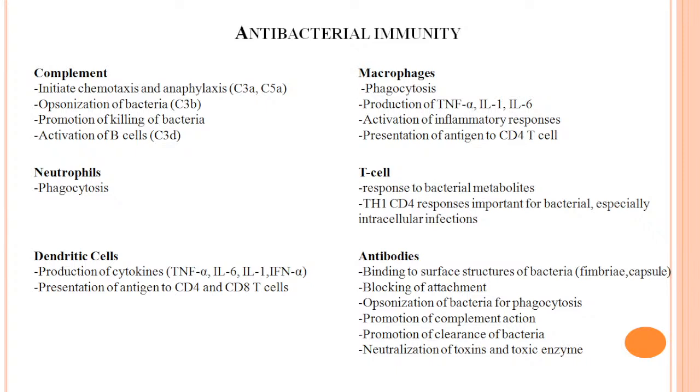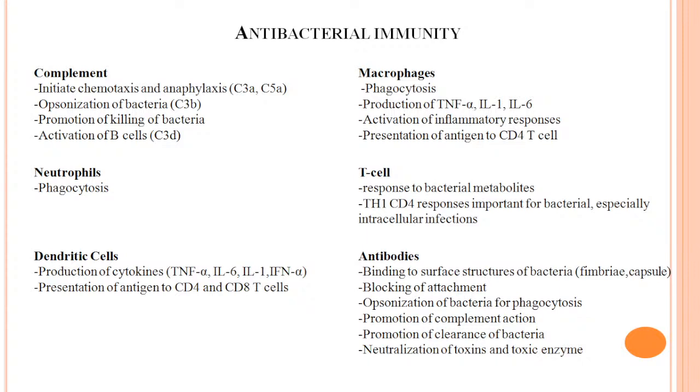Another immune mechanism in bacterial infections is neutrophils. Neutrophils are the main cells that provide phagocytosis. These are the first responders in any bacterial infection. Dendritic cells are also main cells in antibacterial protection.